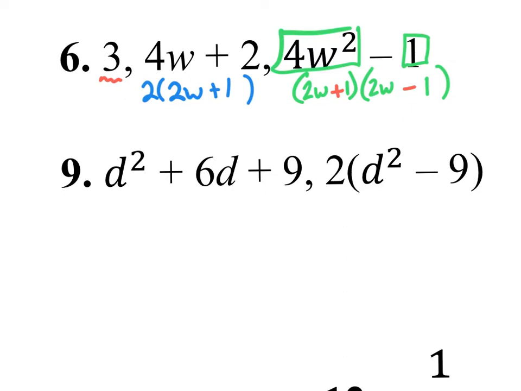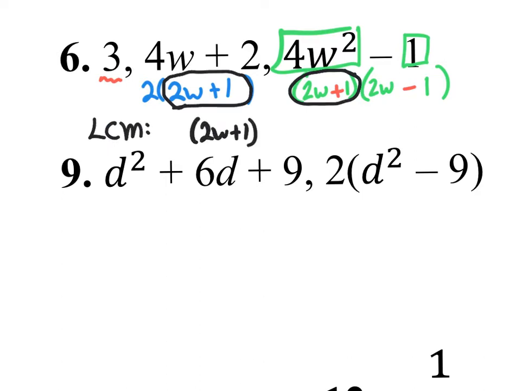So this is what we have here, guys. We have the number 3, we have 2 times that binomial, and then that binomial times that binomial. And again, you're supposed to write down whatever pairs up. So what actually paired up here? The 2w plus 1 paired up with the 2w plus 1. So our LCM is going to have that 2w plus 1 written one time because they paired up.